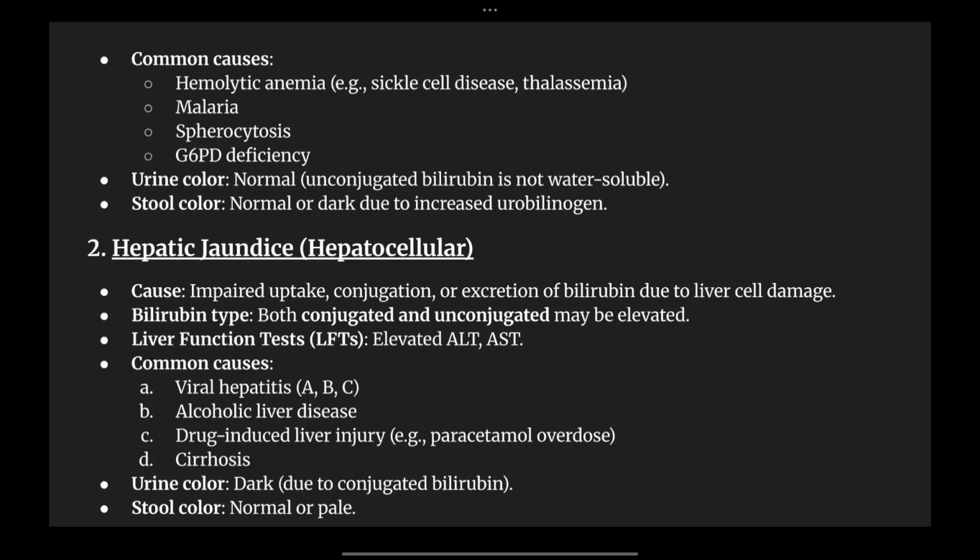If you want to do a little research on G6PD deficiency, you can search in Google and learn about it. We'll just know the important points of common causes here. So hemolytic anemia, malaria, spherocytosis, and G6PD deficiency are the common causes for prehepatic jaundice.